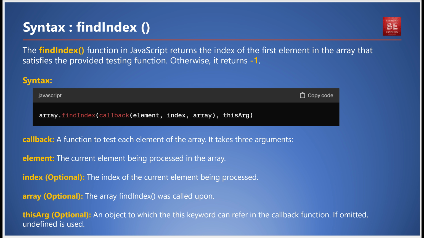The syntax is very similar to the find function: array.findIndex(callback(element, index, array), thisArg). The callback function tests each element of the array and takes 3 arguments: element, index, and array. The thisArg is an optional object to which the this keyword can refer in the callback function.